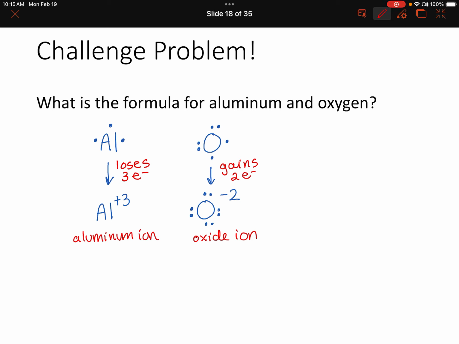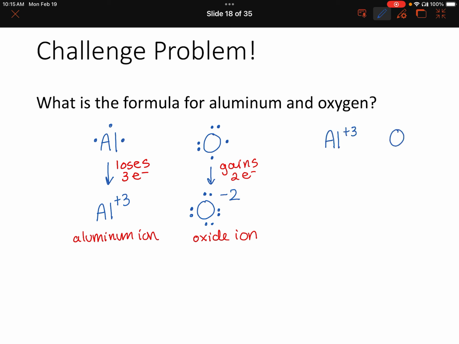All right, so +3 and -2 do not match. So how can we match those charges? Well, we could always draw a picture, right? So let's say we have, it looks like we need another oxygen at least.